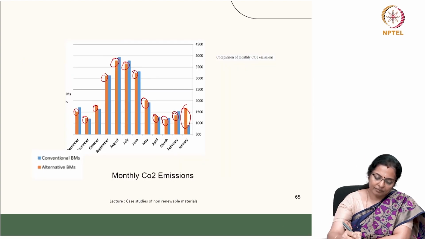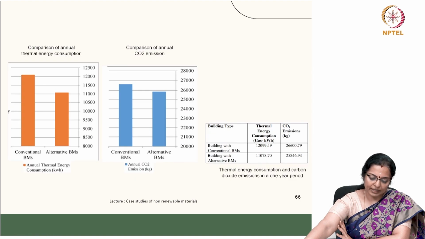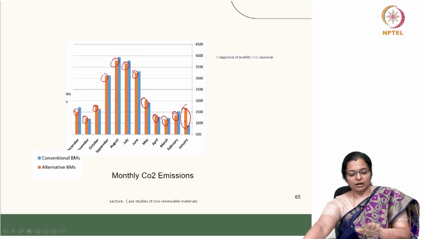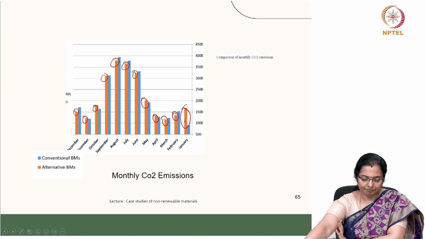There is an error, the colors are interchanged. Otherwise, for every month using alternate building material, the monthly carbon dioxide emission is less.